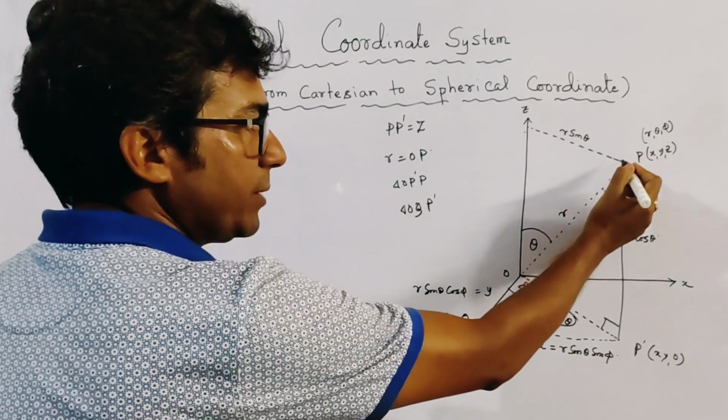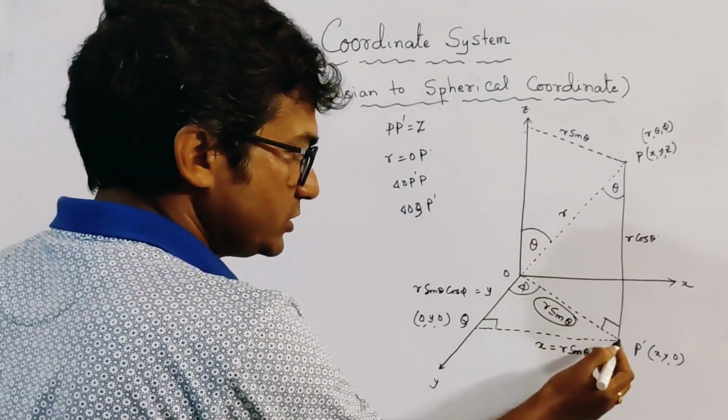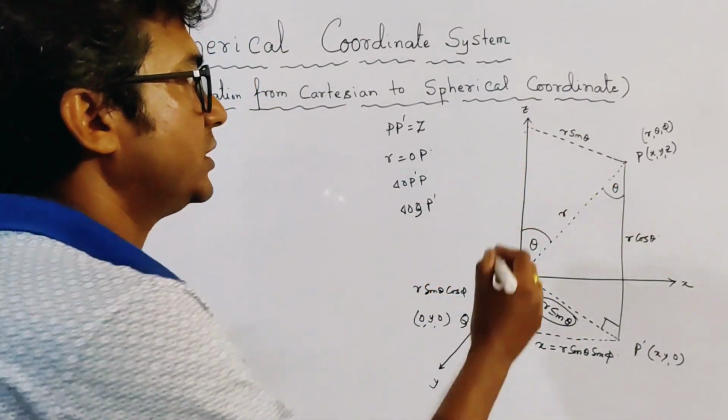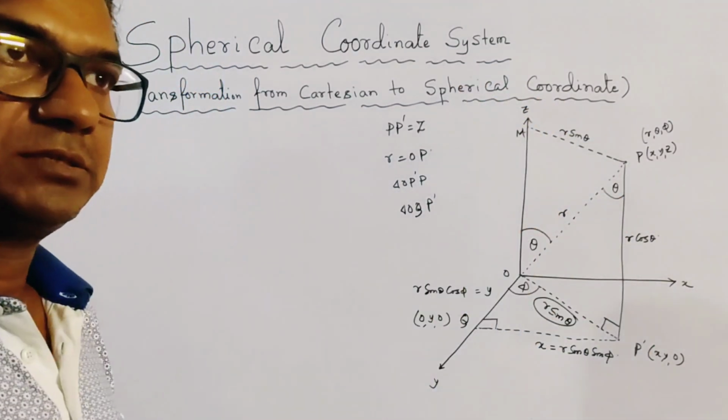If we draw a perpendicular from P to the z axis, this is r sin theta, because it is equal to OP dash. If we name this point M, then PM is equal to OP dash.